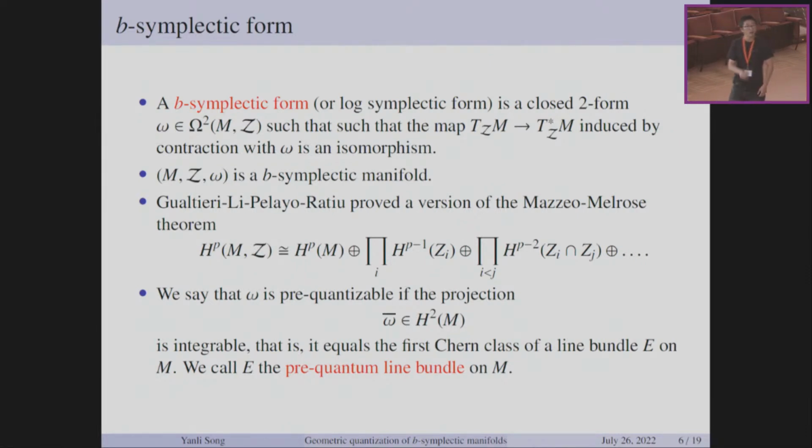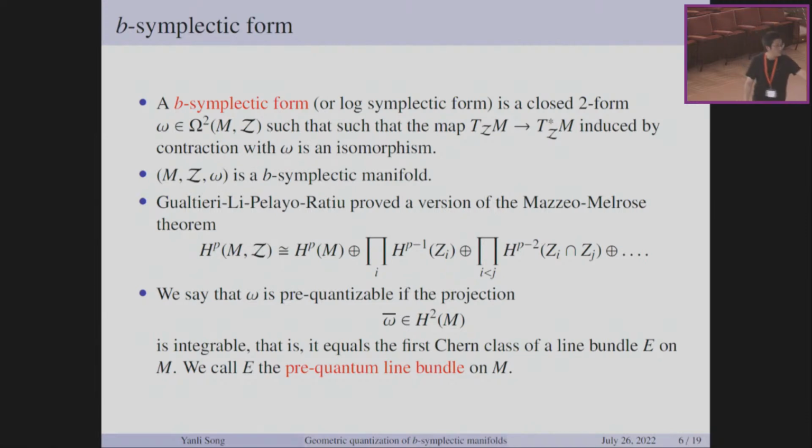If omega bar is integral, that is to say omega bar corresponds to the first Chern class or the curvature of some connection on some line bundle E, then we say E is a pre-quantum line bundle coming from the b-symplectic form omega or omega bar. So in order to define the quantization, we need this pre-quantum condition.